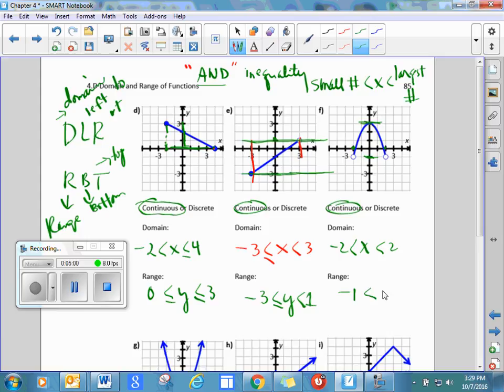And the largest on the y-axis is less than or equal to 3, because this point right up here is right on 3, and it's not an open circle. So even though it doesn't have a big dot on it when the graph started out, it is part of our range. So our range is between -1, not including -1, up to and including +3.